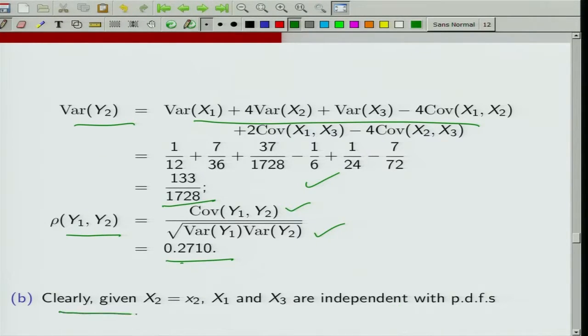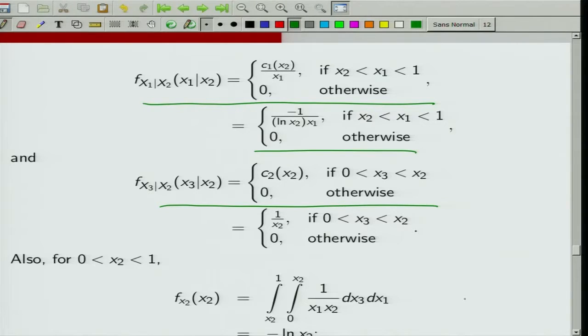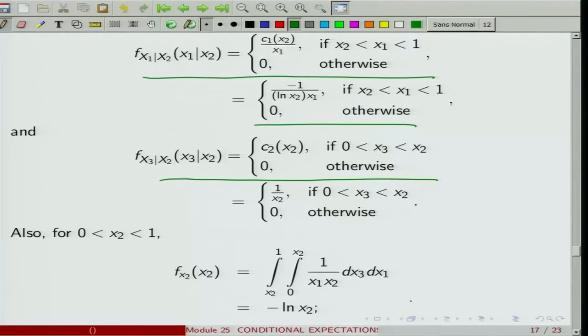Now, given x2 is equal to small x2, we have seen that x1 and x3 are independent random variables. This we saw in the last module as well, because the same example was considered in the last module, and their conditional PDFs are given by this. These marginals we have already found in the last module. This turns out to be this quantity for x2 between 0 to 1.